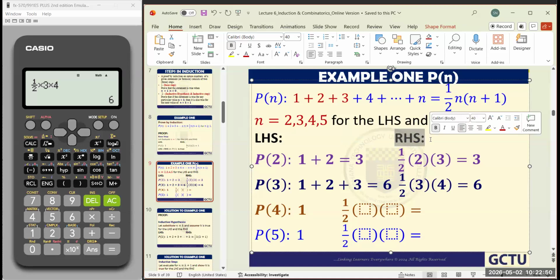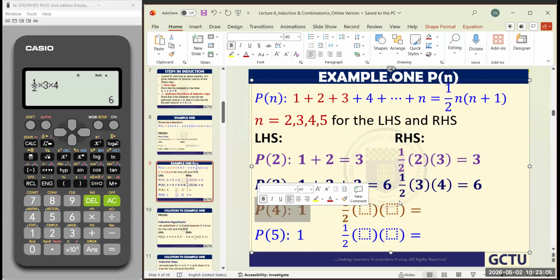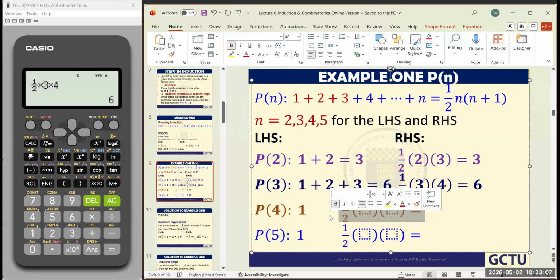So that is why we are saying that this induction problem proves that a particular formula is correct. Okay, so if you care to do more, you can do P of 4 and check P of 5. You see that whatever we get on the left will be the same as whatever we get on the right. Okay, so that is how this works.